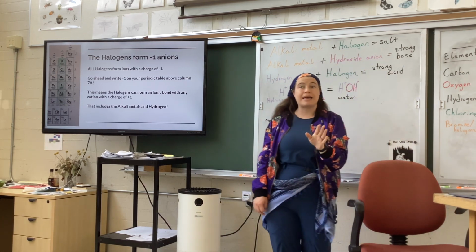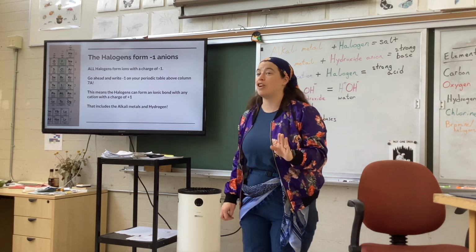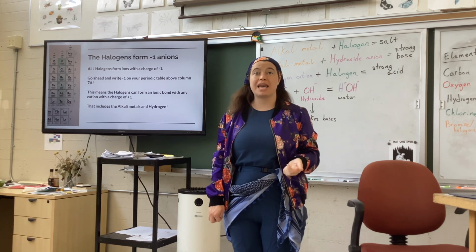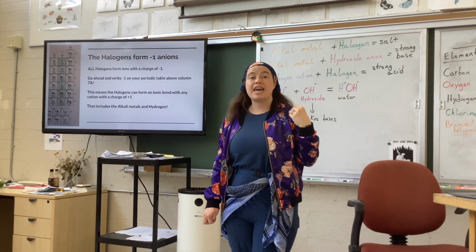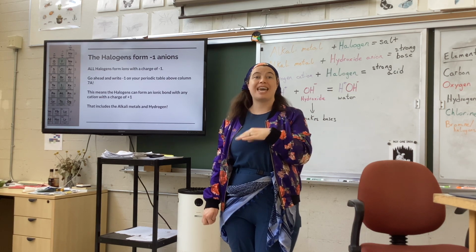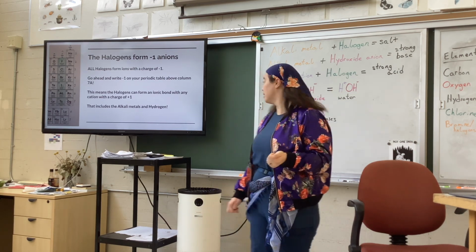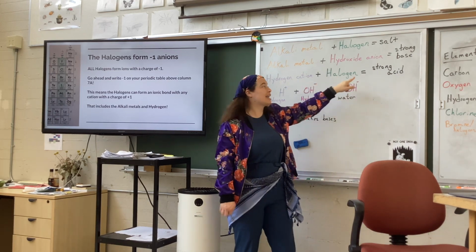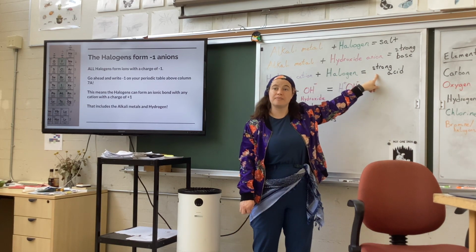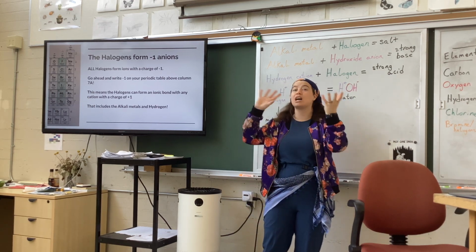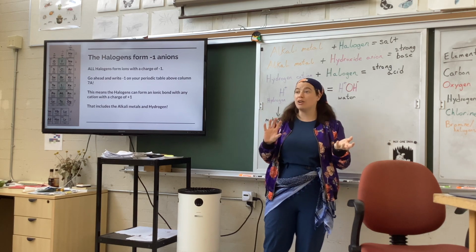But the alkali metals are not the only thing that has a charge of +1. Hydrogen can also form cations with a charge of +1. If a halogen anion reacts with a hydrogen cation, that gets us a strong acid. So once again, the halogens are serving as a complement to these alkali metals.